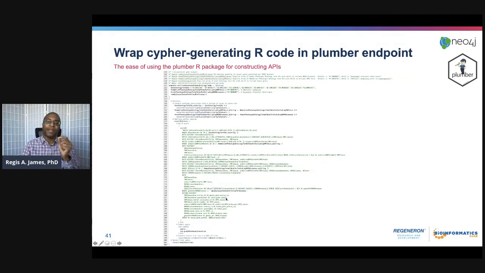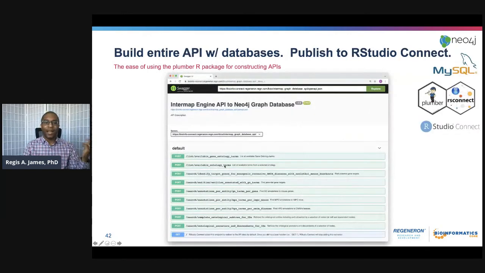And then if you can make that function into an API endpoint, now you can build an entire API and you can have different types of endpoints that ask those types of questions. So this was built using Plumber and then published to our RStudio Connect server using the rsconnect package.